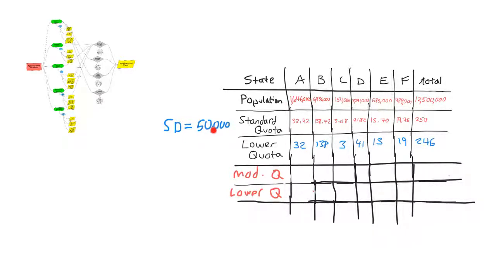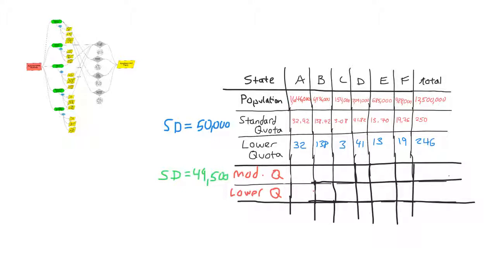When we do so, for example, if we lower this and use 49,500 instead, that's going to result in a different quota. By taking the old standard divisor and making it less, interestingly enough, that results in the modified quotas being larger than the standard quotas.